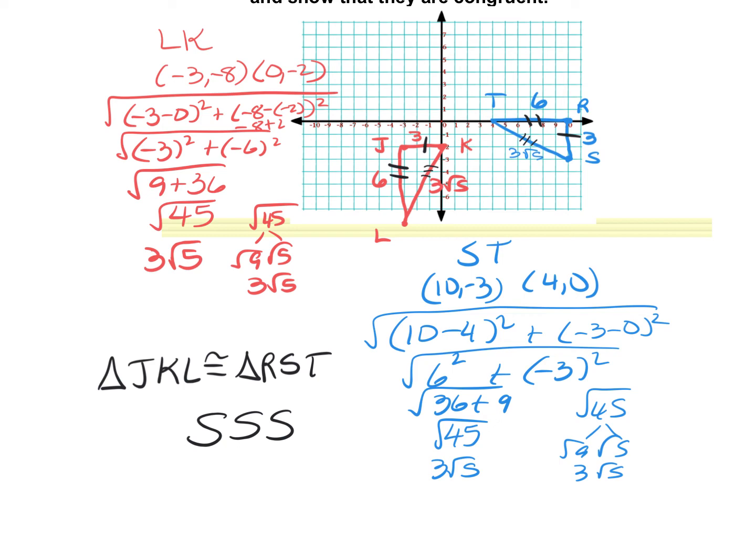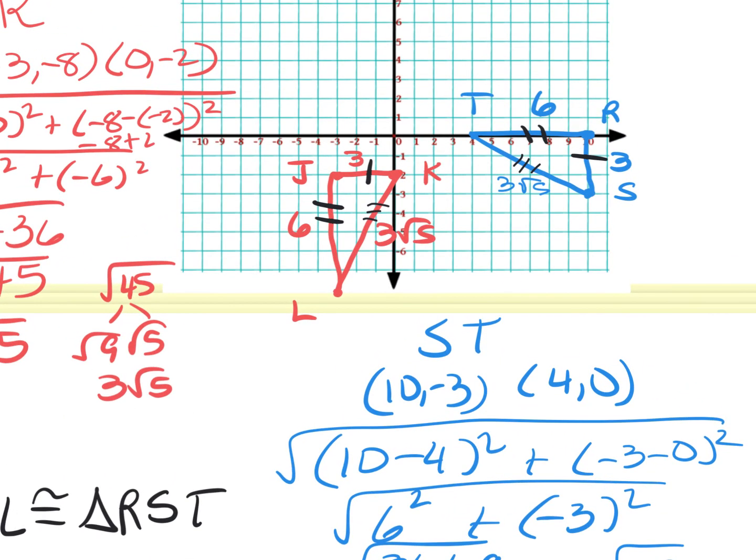If that were the case, then we could show that we had a right angle at angle J and at angle R. And we could have also used hypotenuse leg, but then also realize we could have used side angle side. So sometimes our triangles will be able to be proven congruent using multiple different shortcuts.